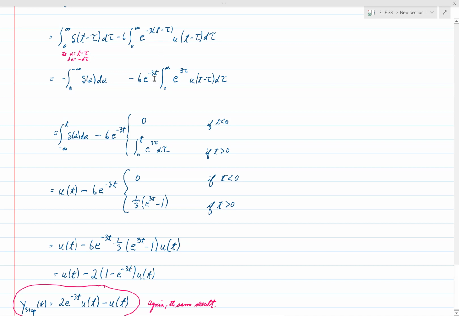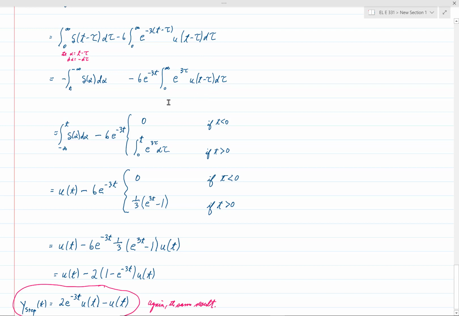Now we can't bring e to the 3 tau outside the integral because we're integrating with respect to tau. So e to the 3 tau has to stay inside the integral, but the e to the minus 3t can come outside like this. So we're left inside with the integral from 0 to infinity of e to the positive 3 tau, u of t minus tau, d tau.